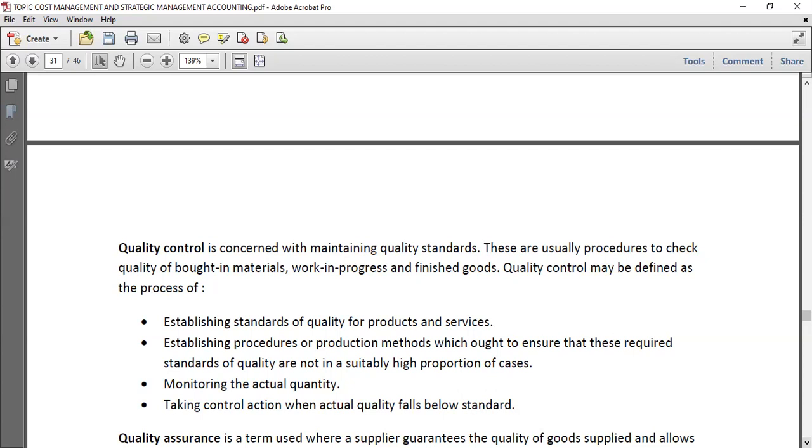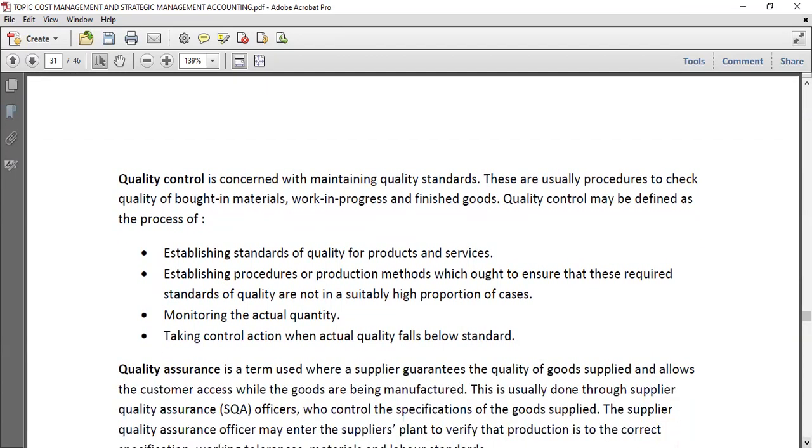And then quality assurance deals so much with the supplier. It is a term used where a supplier guarantees the quality of the goods supplied and allows the customer to access where the goods are being manufactured. Basically, you're informing the customer that we are doing all it takes to produce a quality product for you.